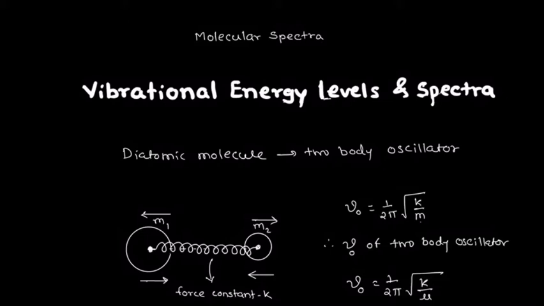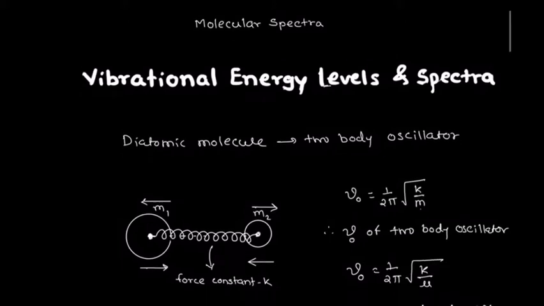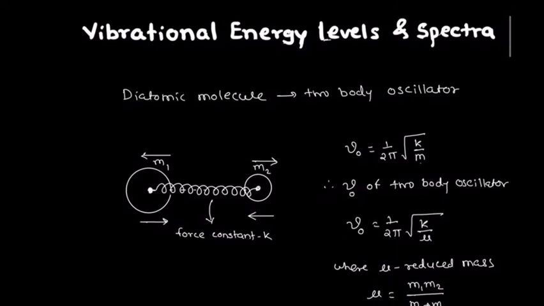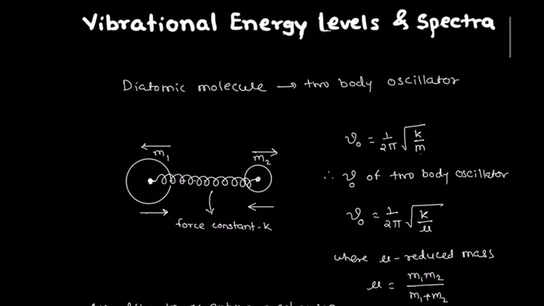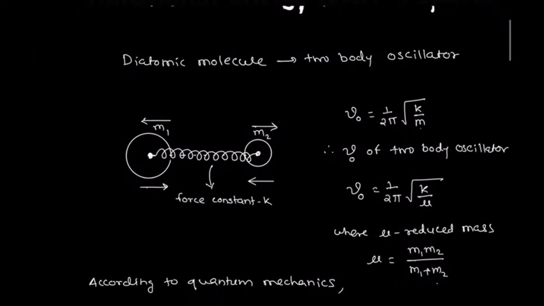Instead of m, we take the reduced mass. Therefore, the frequency nu 0 is equal to 1 divided by 2 pi under root k by mu, where k is the spring constant and mu is the reduced mass. That reduced mass is m1 m2 divided by m1 plus m2.